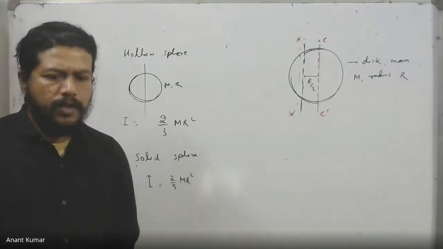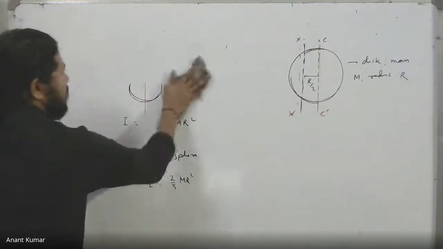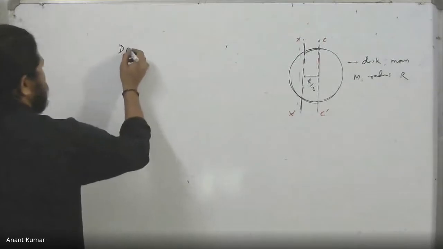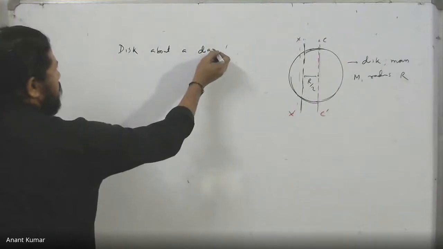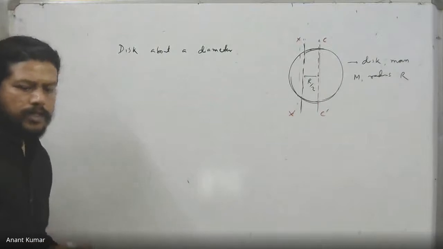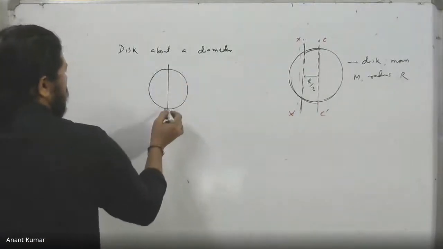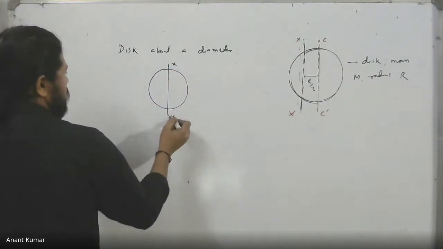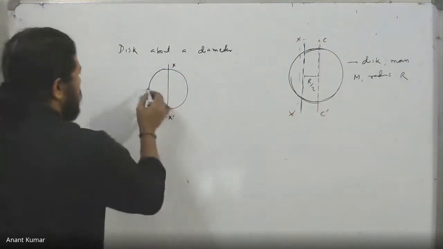For a disk, if I take it about a diameter, I can apply the perpendicular axis theorem. We notice that if this was a diameter, say X prime, and the moment of inertia is I about this axis, then quite obviously it will be the same about any other diameter.